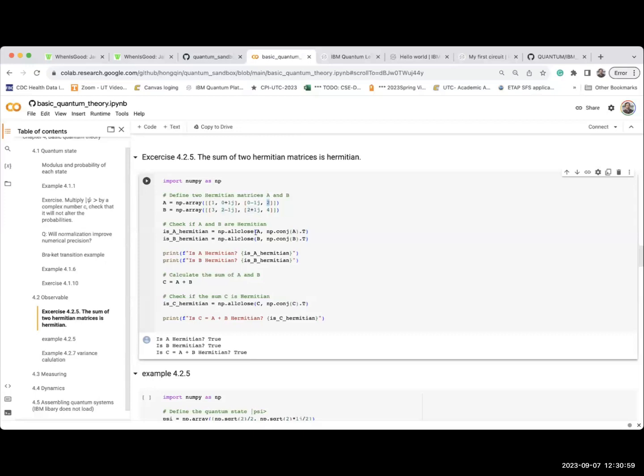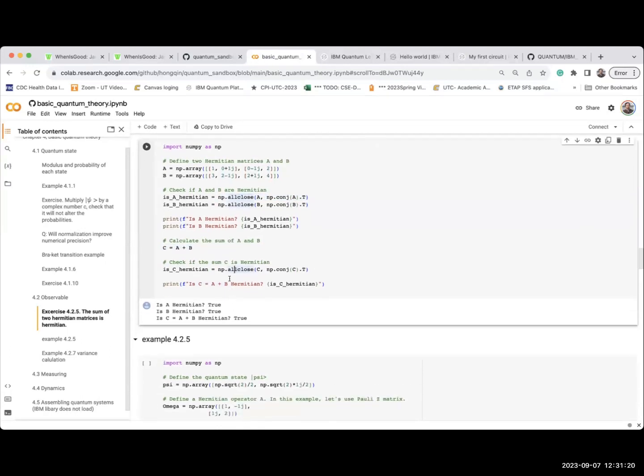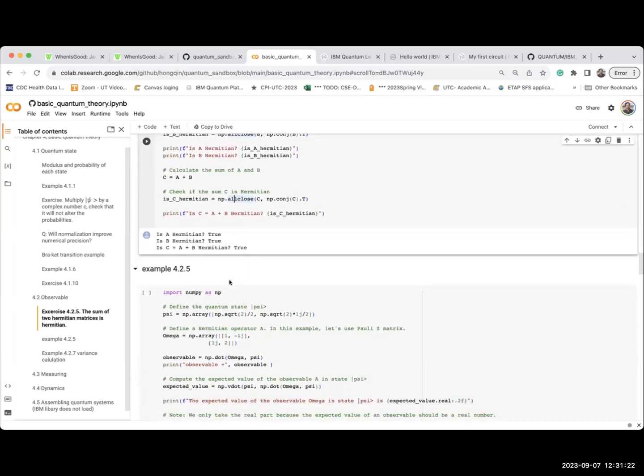The conjugate transpose of A and A are equal, numerically all close. So they are close, A and B, and then we added A and B together, and C is still Hermitian. Yeah, so that's one example.